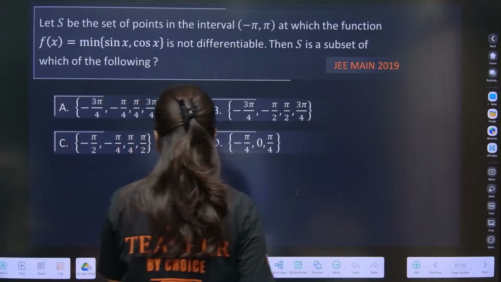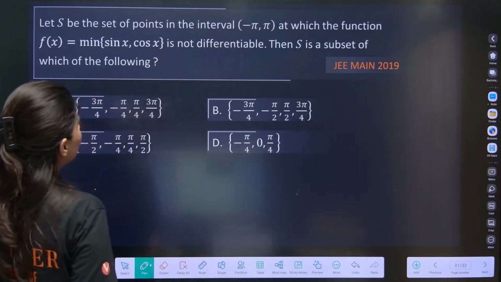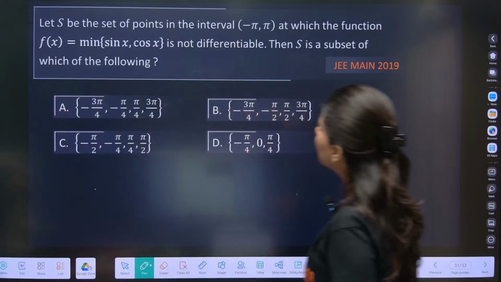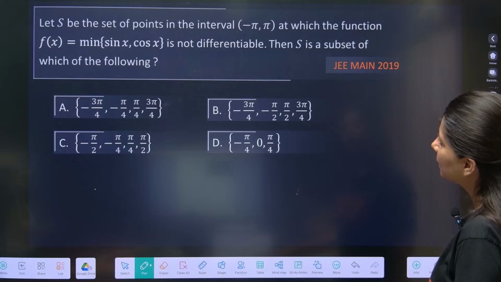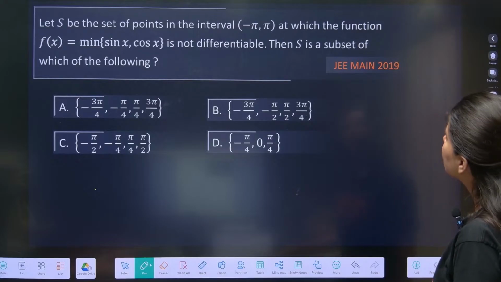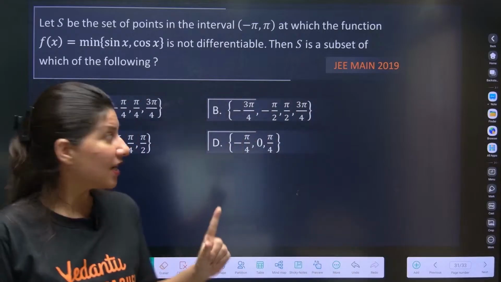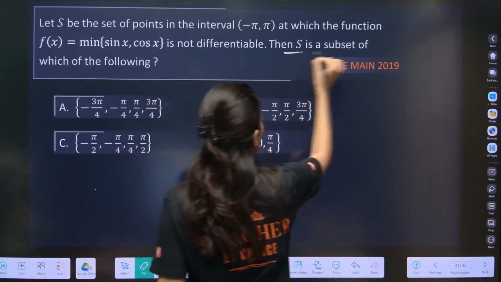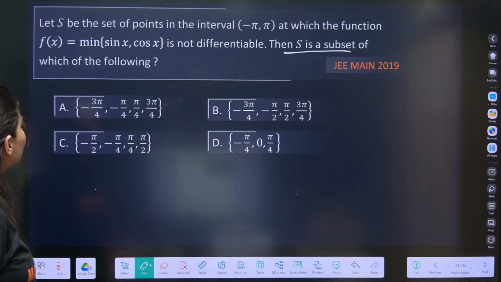Okay, let's check. So again, minimum of sin x and cos x. S is a subset of, now understand this question. S is a subset of which of the following?